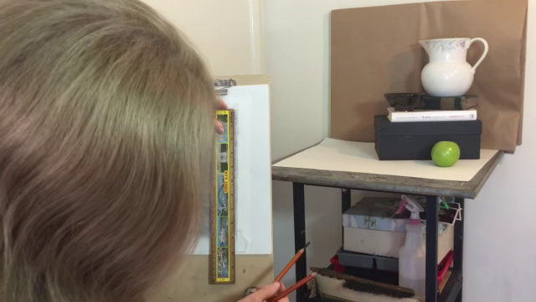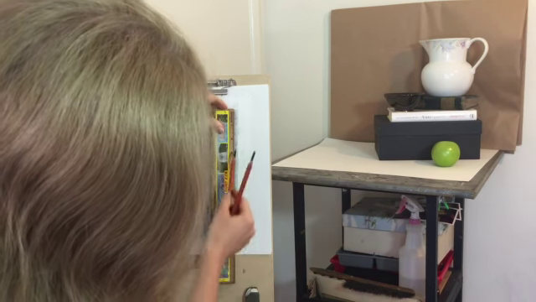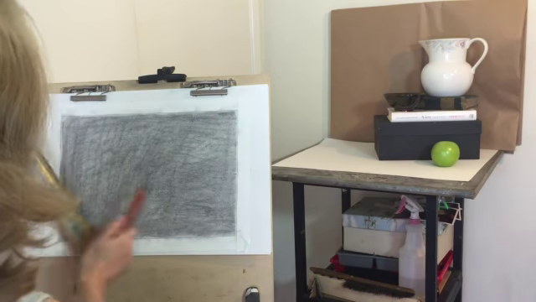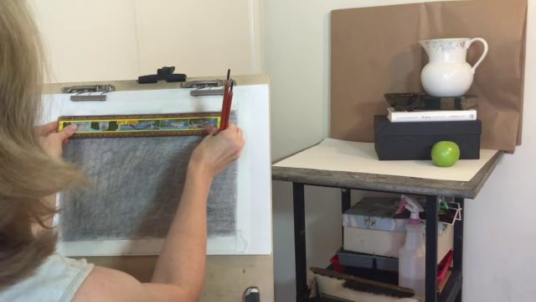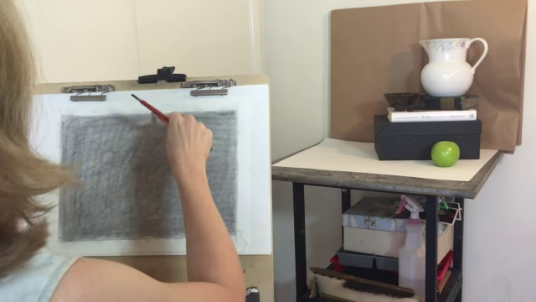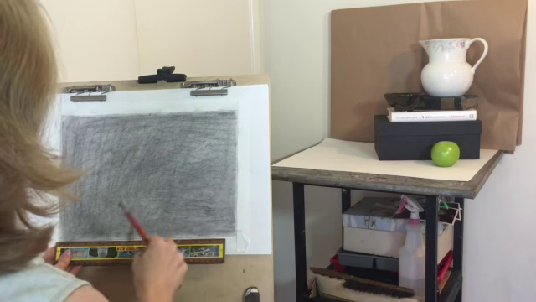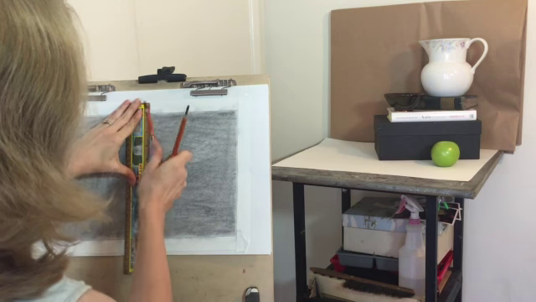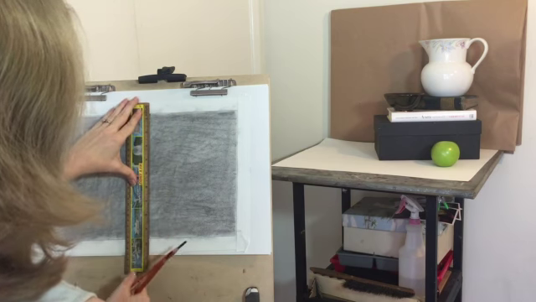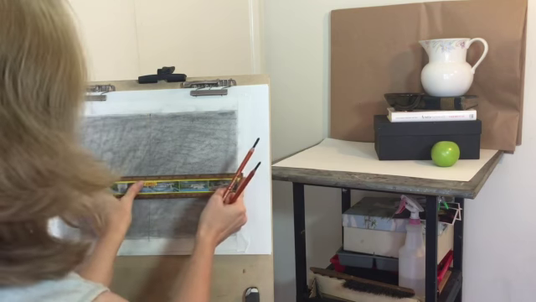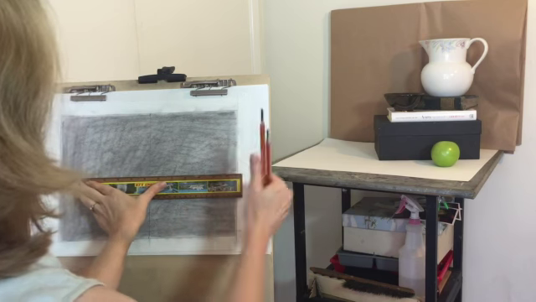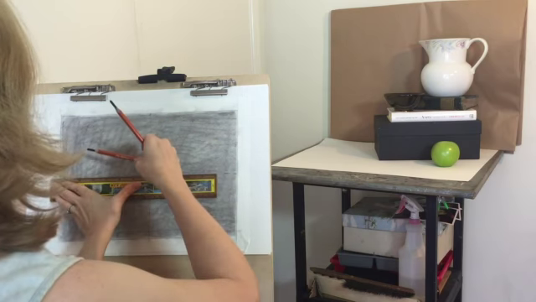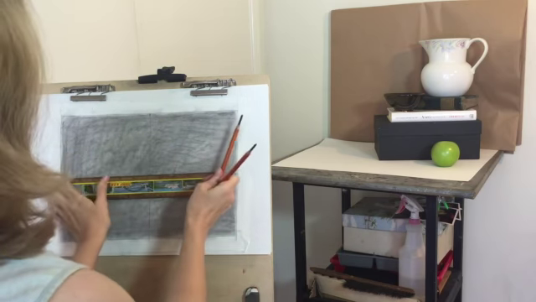Let's see, I've got about 9 inches, so about 4.5 mark here, and 13, so 6.5. And this way, when you're looking at your picture plane with the crosshairs, you can line up your drawing with that. It might help you out there.